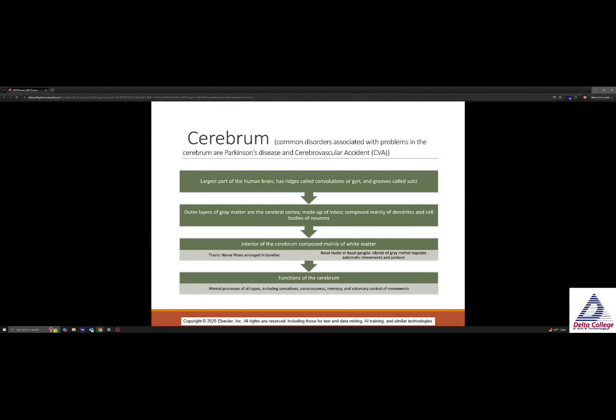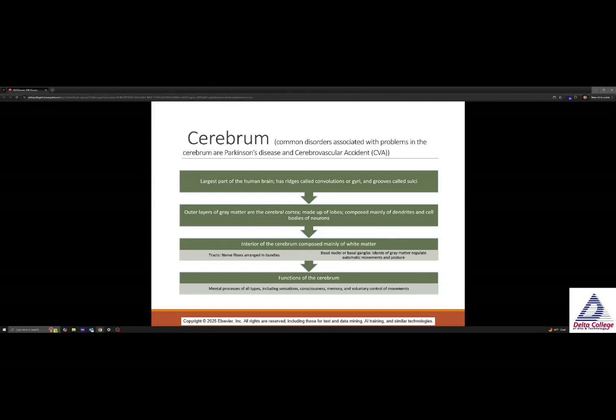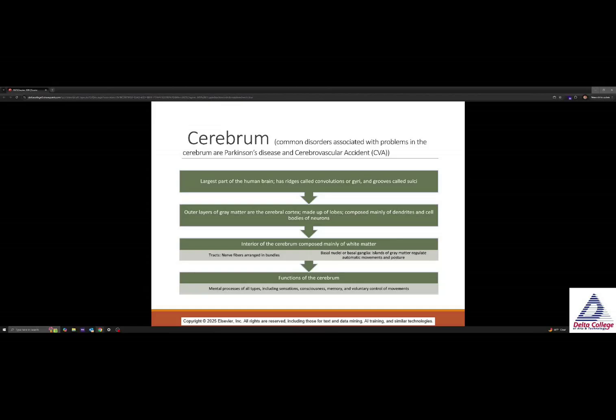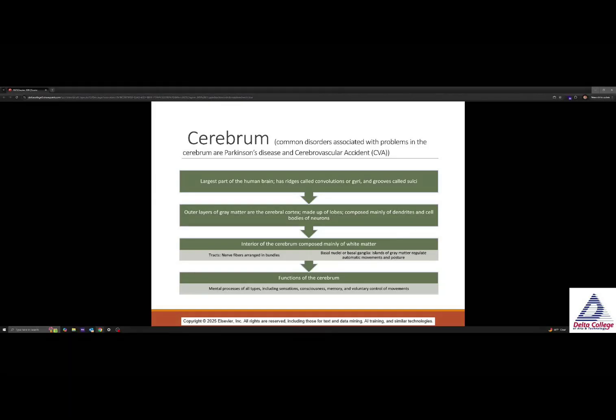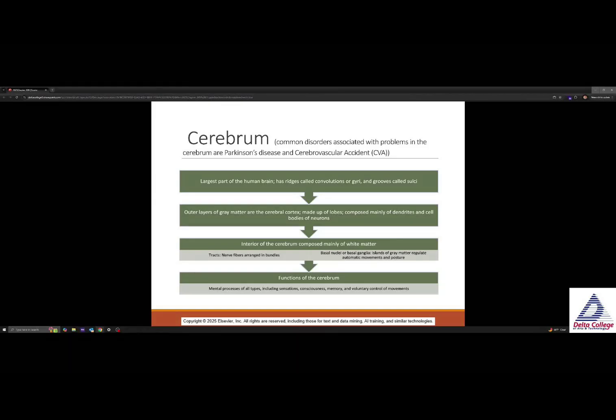The outer layers of gray matter are the cerebral cortex, made up of lobes, composed mainly of dendrites and cell bodies of neurons. The interior of the cerebrum is composed mainly of white matter, with tracts of nerve fibers arranged in bundles. It also contains the basal nuclei or the basal ganglia.